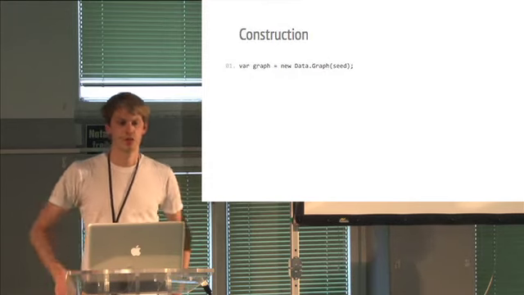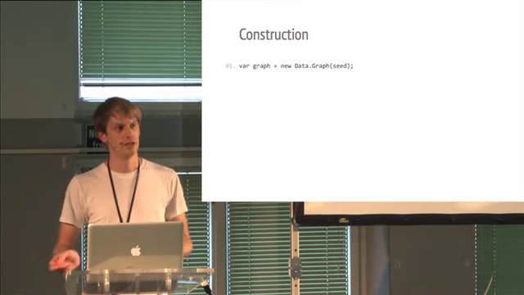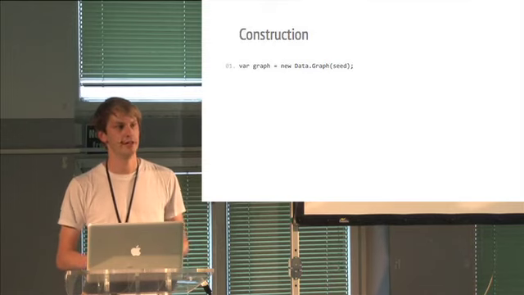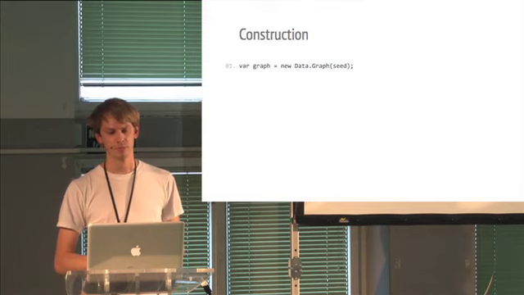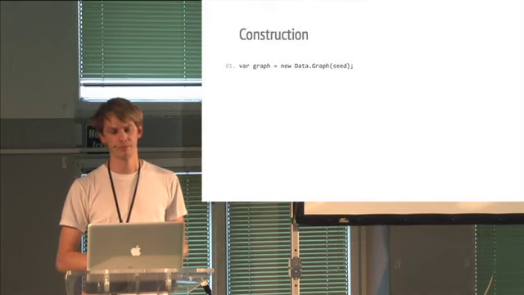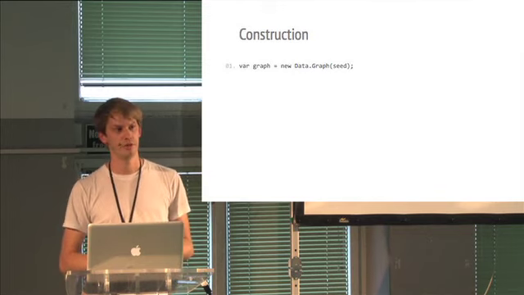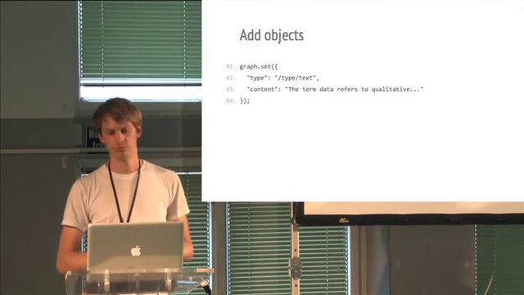A data graph is constructed by calling the data graph constructor and passing it a serialized data graph, some seed data to initialize the data structure. Basically, you insert some schema information here, but you can also combine it with objects.